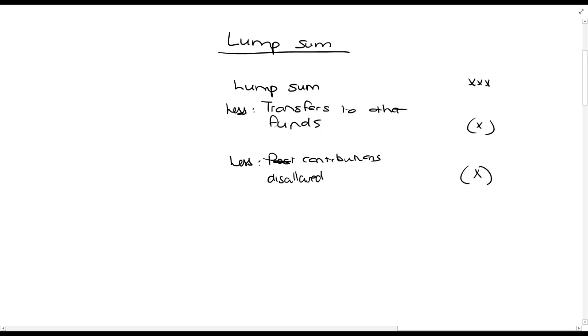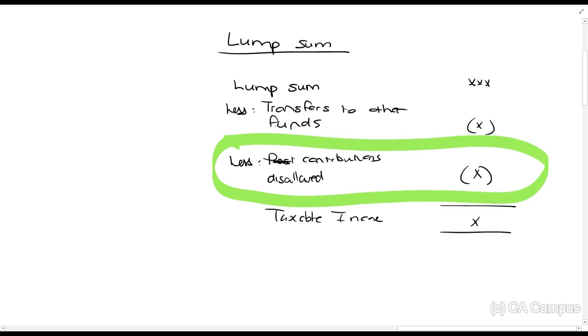You deduct that, and that gives you your taxable income on the lump sum, and then you look at the tax per whatever table. This past contributions over here is what they're talking about.